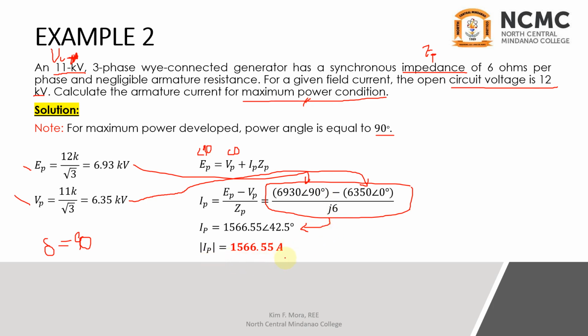So our final answer here is 1,566.55 amperes. It is easy to solve as long as the problem says maximum power condition; you don't need to solve for the angle.